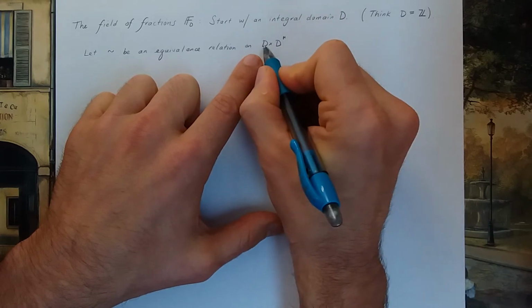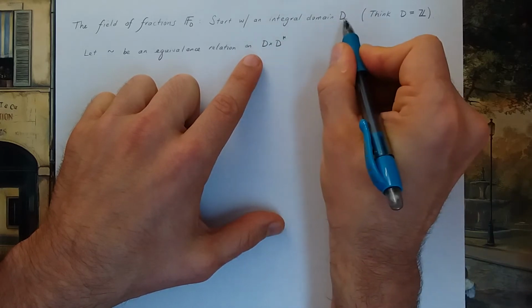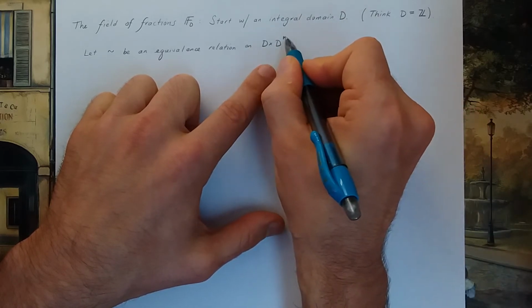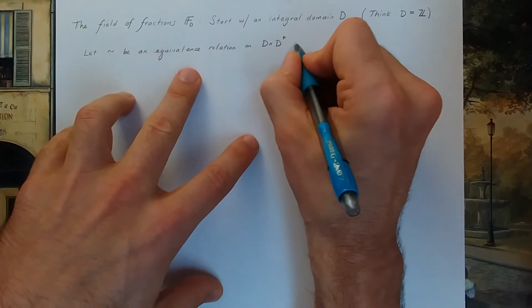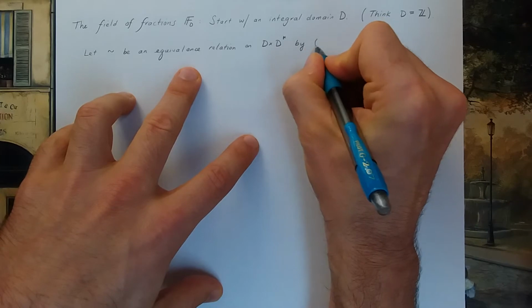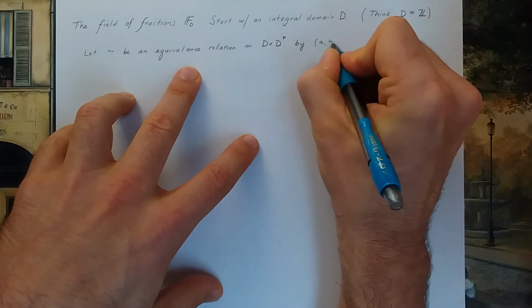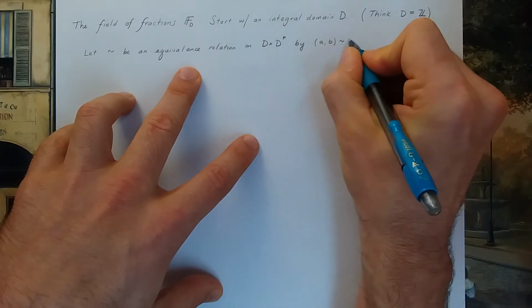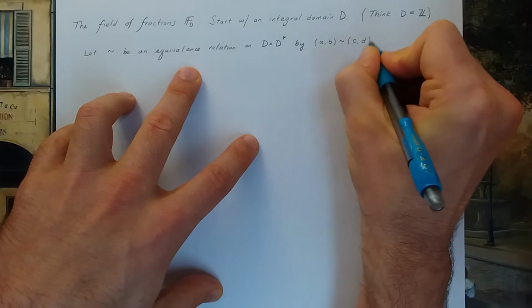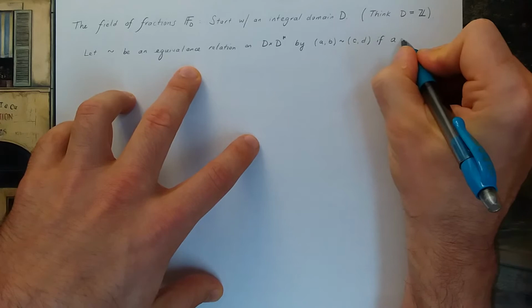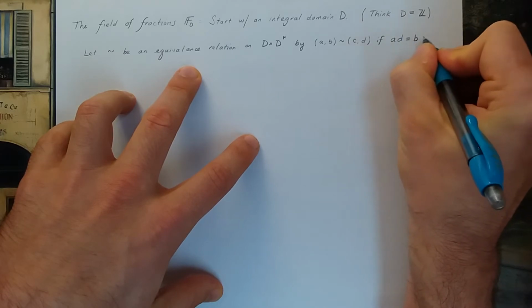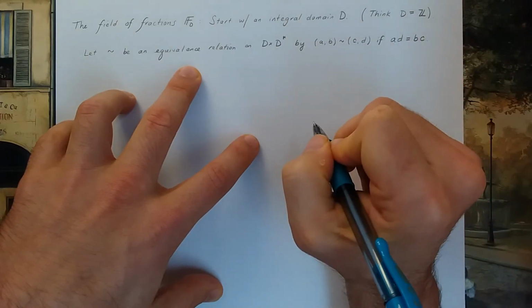So these are all ordered pairs where I have two elements in the integral domain D, except the second coordinate cannot be 0. And I'm going to define an equivalence relation by saying that A comma B is related to C comma D if AD equals BC.